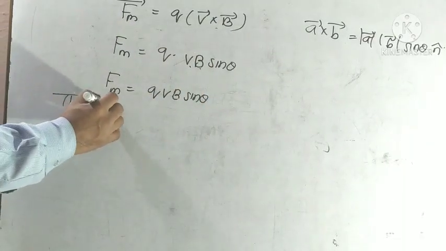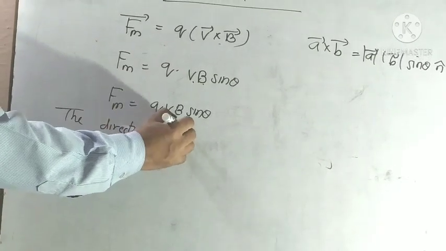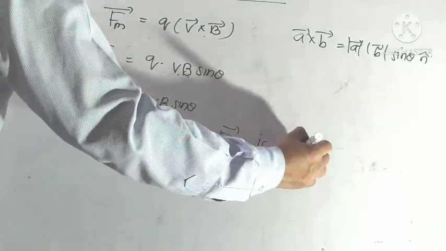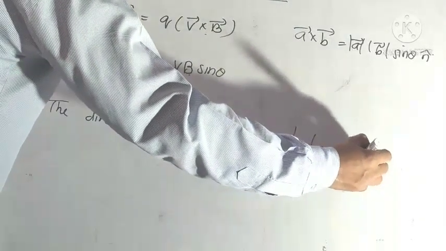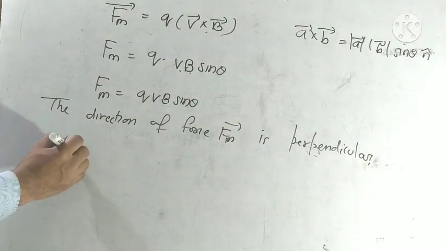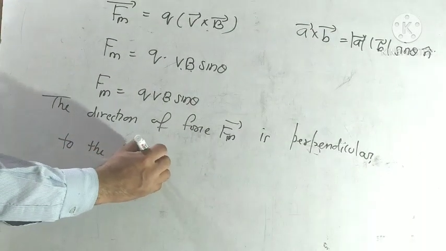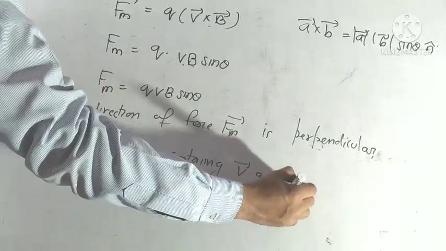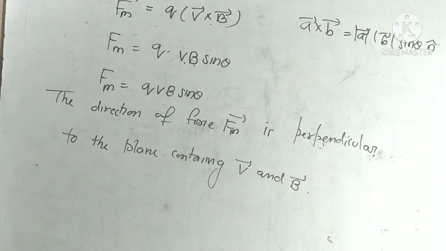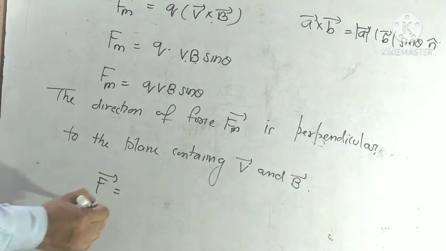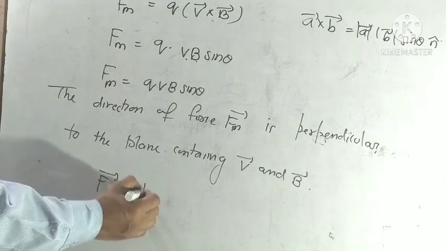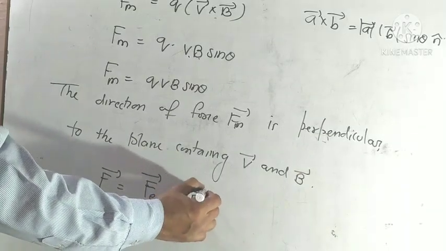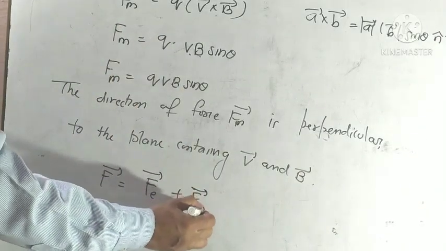The direction of the magnetic force is perpendicular to the plane containing v and B. And finally the Lorentz force on this charged particle is Fe plus Fm, the magnetic force.